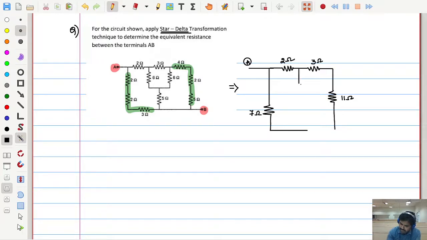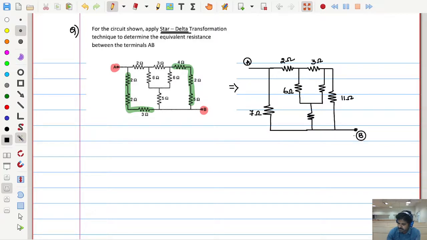So this 6 ohms let me draw. Next is the other side, 3 end, 6 ohms is there. These two are joined here and it is further connected with one more element. So this end is connected over here. It is connected to B.